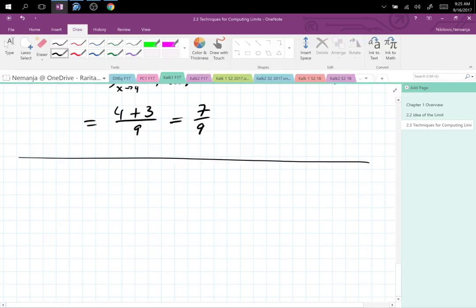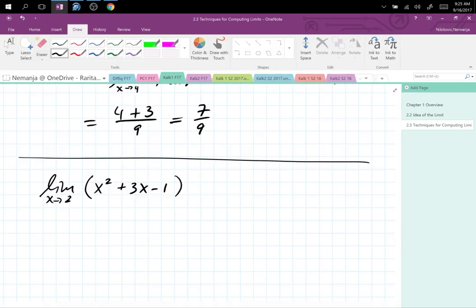The next order of business is to take a look at, say, the limit as x goes to 2 of (x squared plus 3x minus 1). Observe the use of parentheses.